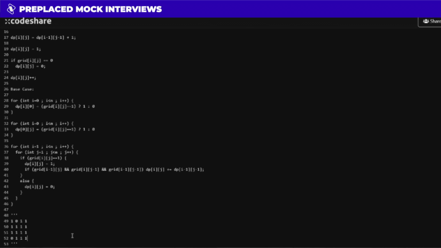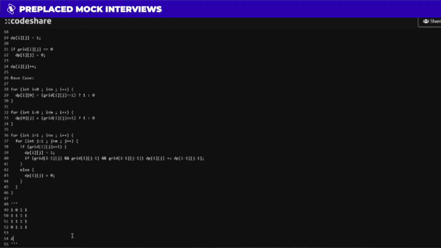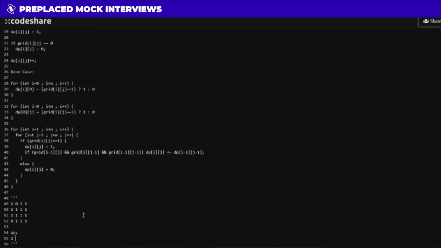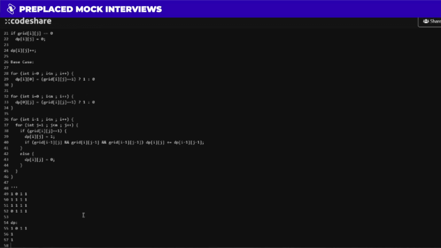Yeah, sure. This is the example. So the dp array would be, initially, 1 0 1, 1 and 1 1 0. So there should be 1 because only one of them is 0, and this should be 1 again.